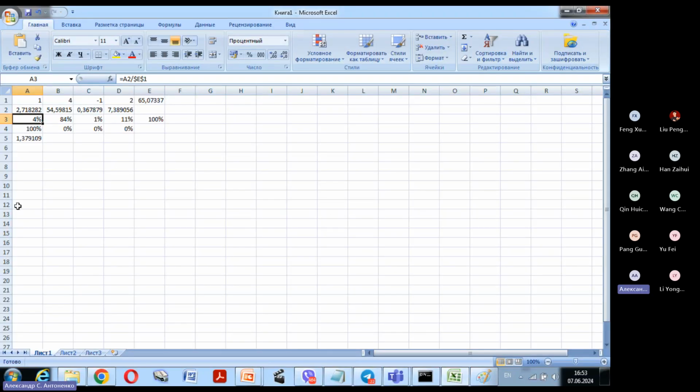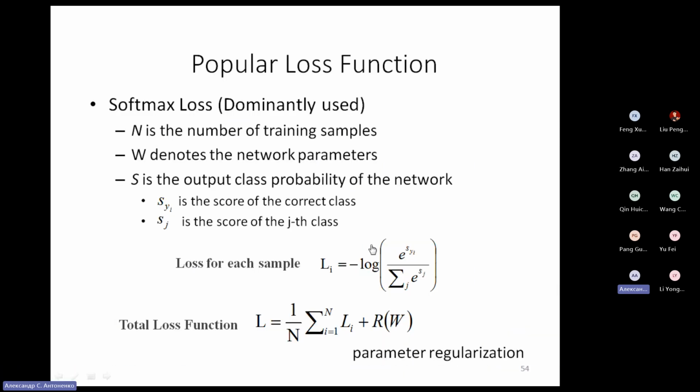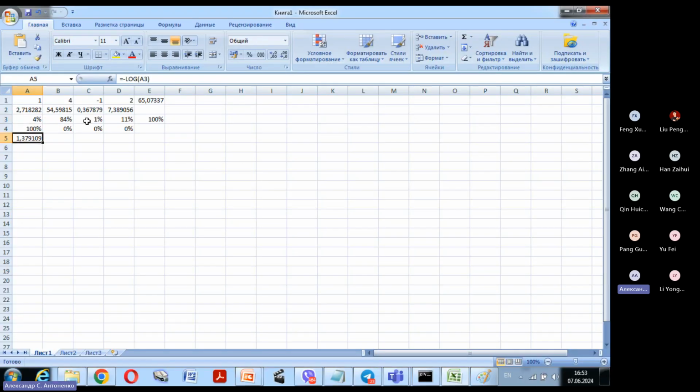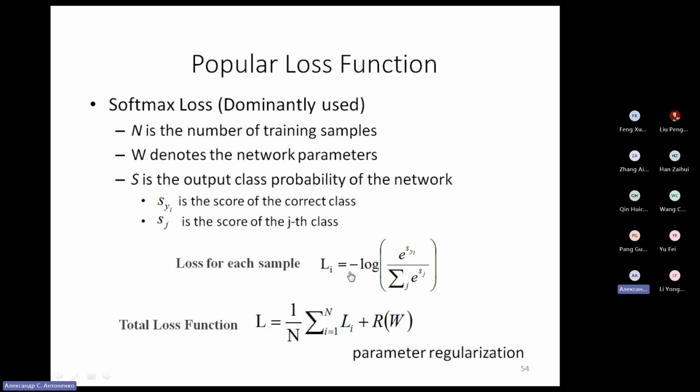Only 4%. That is, for example, class 1, but it is actually an object of class 1. Then we should find the minus logarithm of this, the minus logarithm that I illustrate in this picture. And this will be Li.